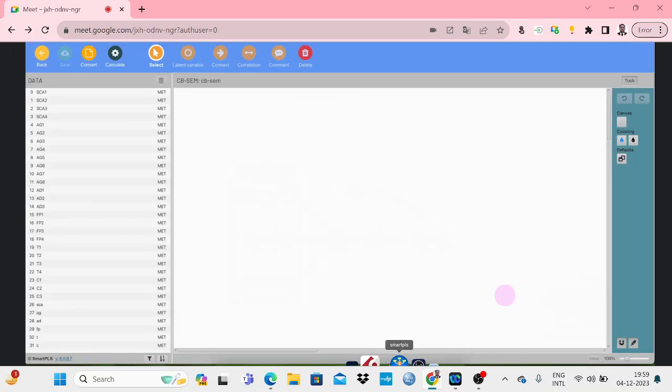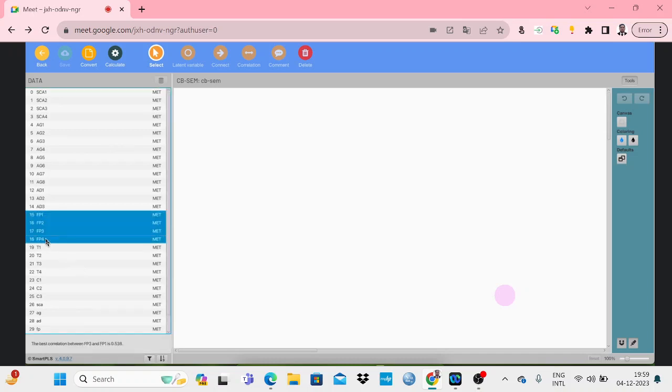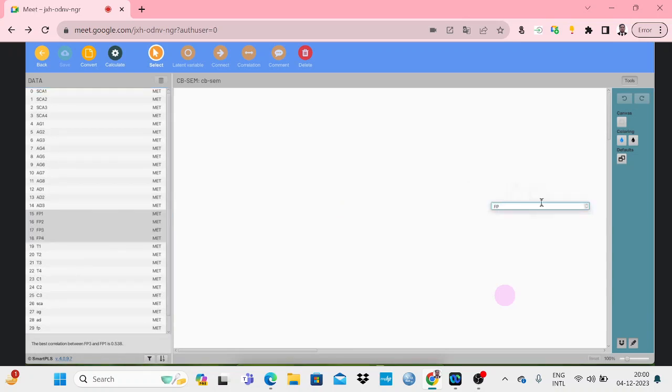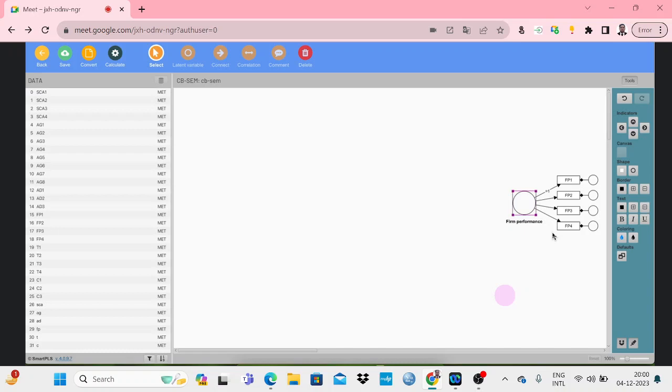Let us first select firm performance, FP, because this is our dependent variable. We select all these, click and drag here, and call this firm performance. You can see it has created a latent variable.